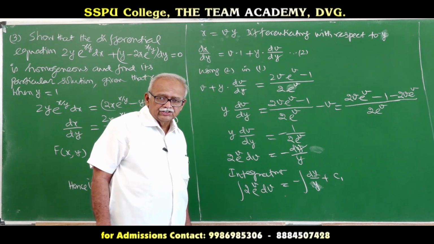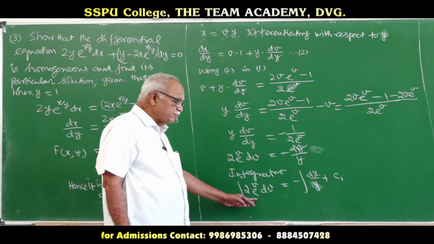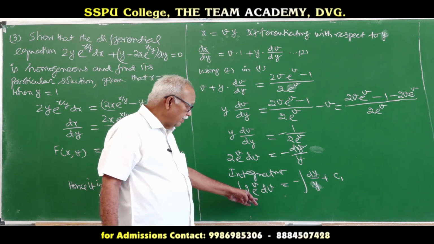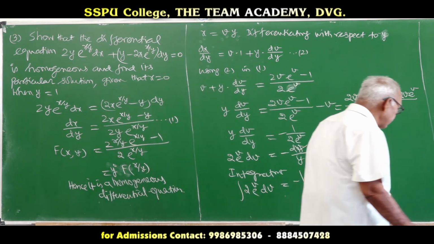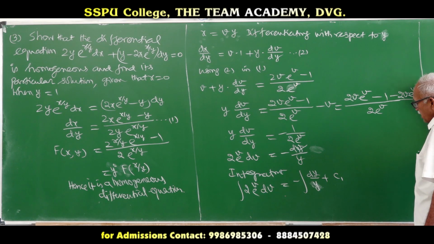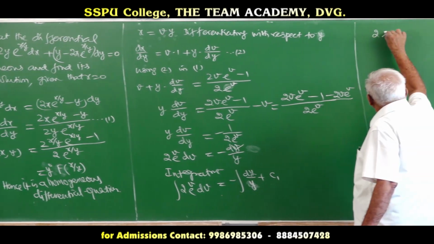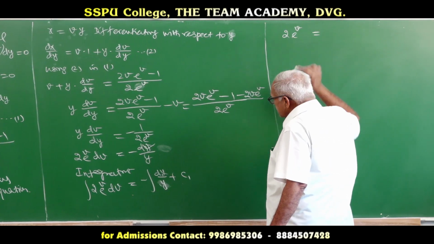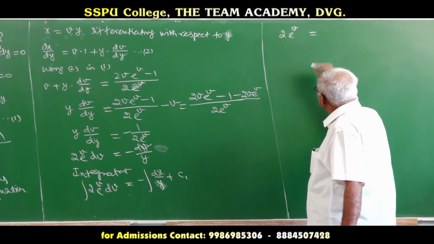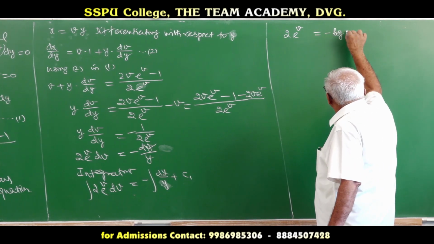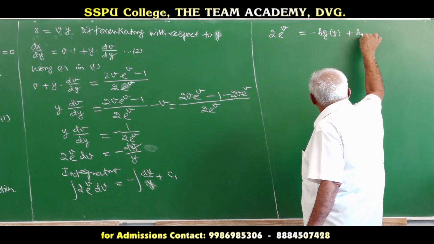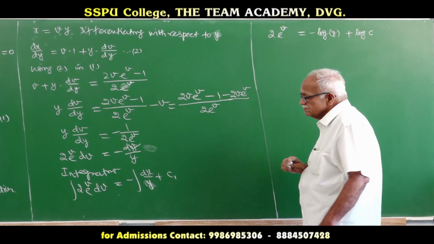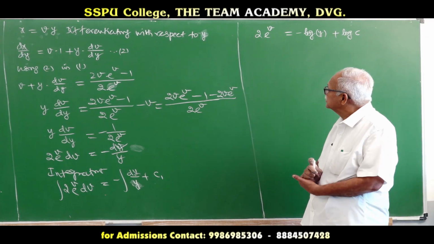Now very simple integration: e power v integration is e power v, dy by y is log y. Now let us write this. 2 into e power v is equal to minus log y. We can write the constant as log c.